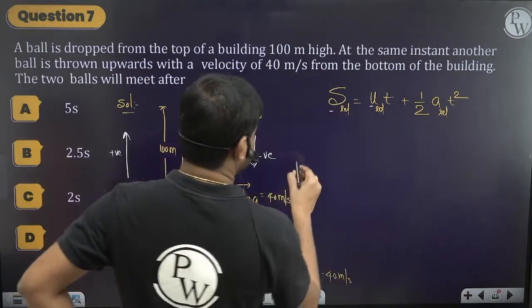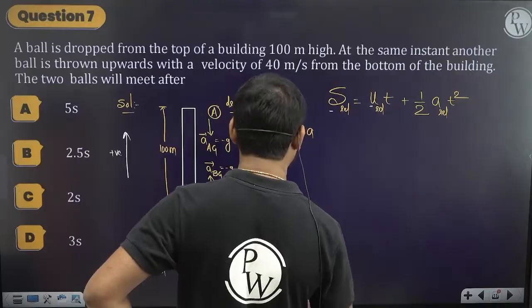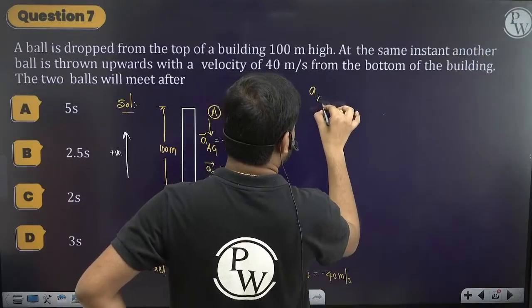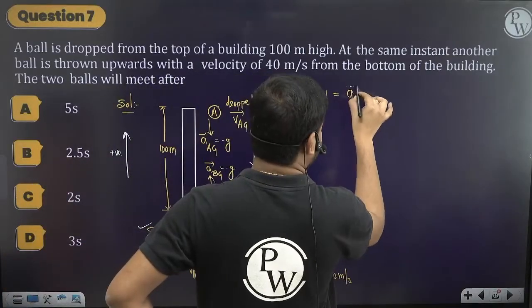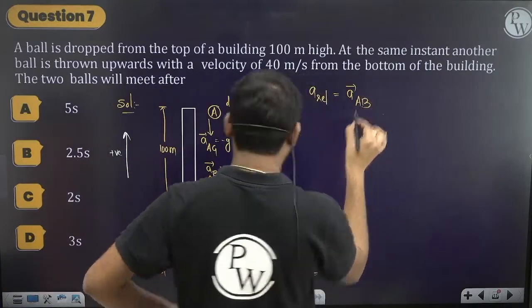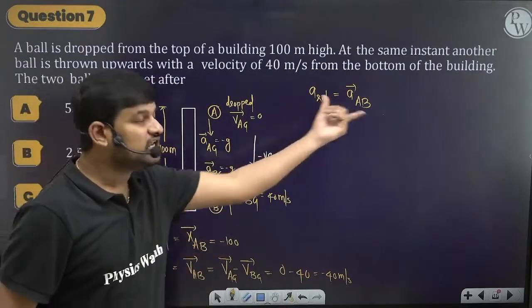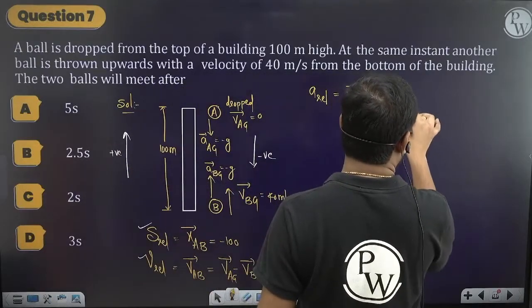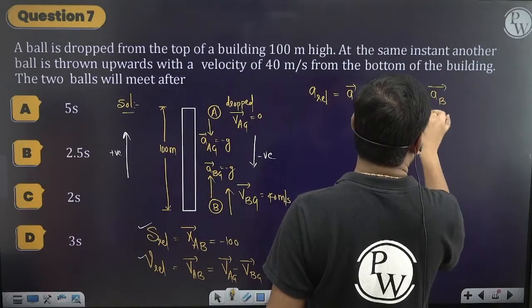So what is A relative? A relative is nothing but the acceleration of A with respect to B, just as we take the displacement and velocity of A with respect to B. Which is nothing but the acceleration of A minus the acceleration of B, with respect to ground.